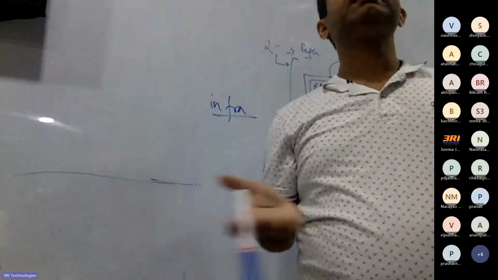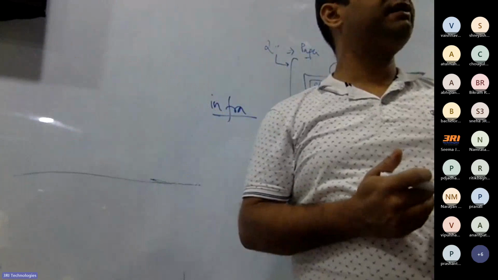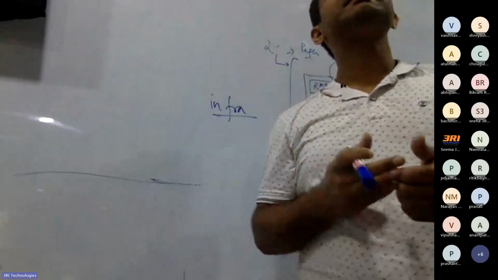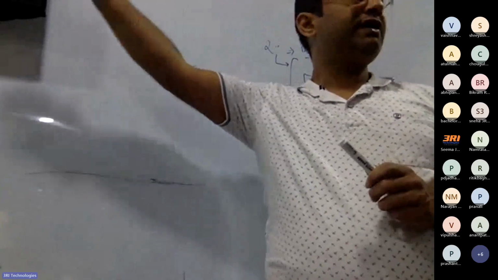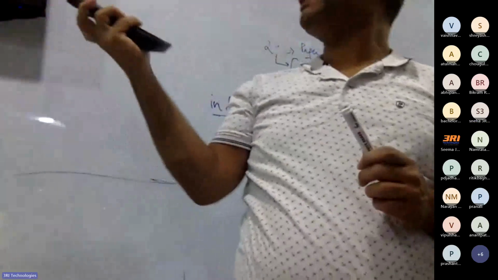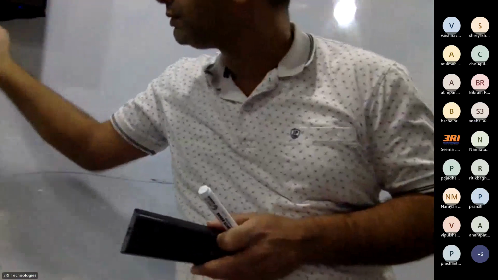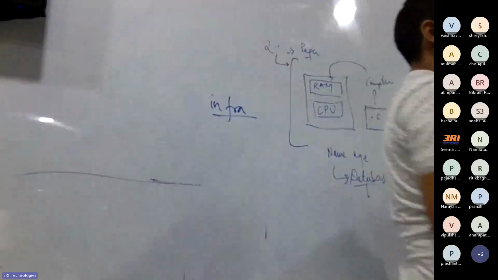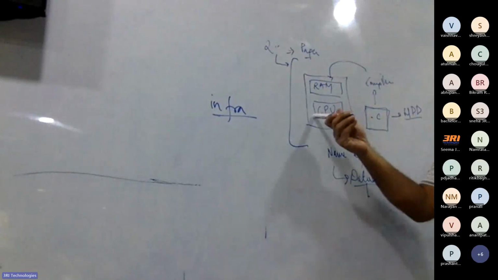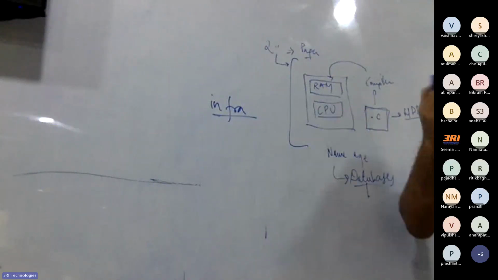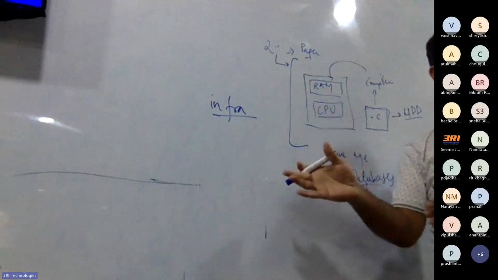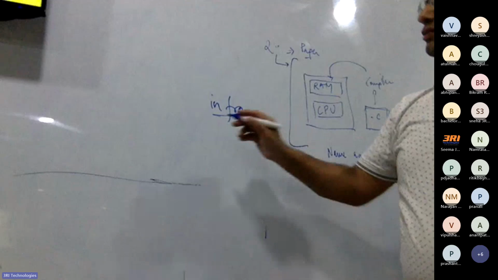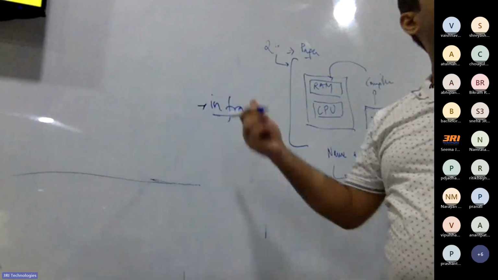This room is an infrastructure. This bench is an infrastructure because now you are sitting here comfortably. This AC, TV, everything is an infrastructure. So what we require first is infrastructure. Infrastructure is the basic where you keep all the things together.